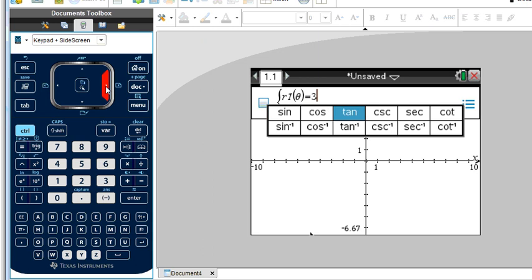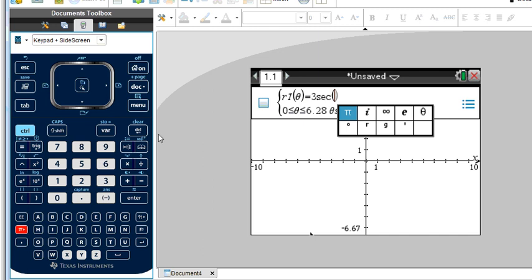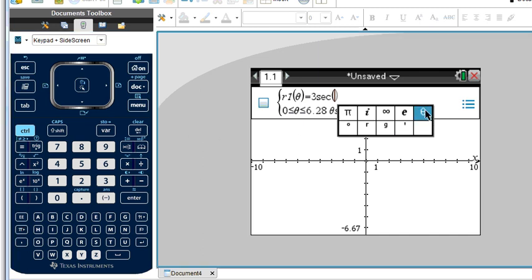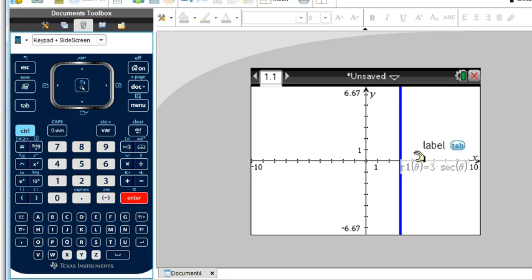So we go over here, secant, and we're going to get theta down here by this pi thing, and we go over theta like this. So we press enter, and we get this vertical line at x equals 3. Check.